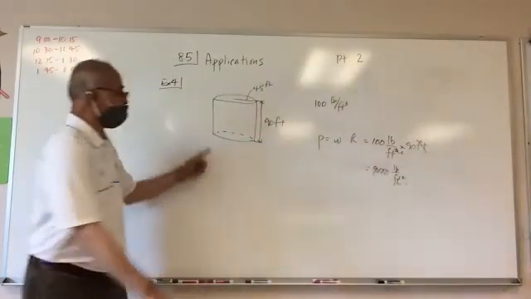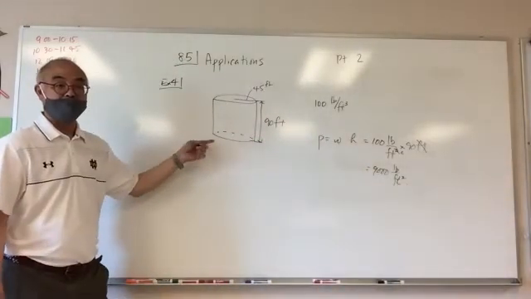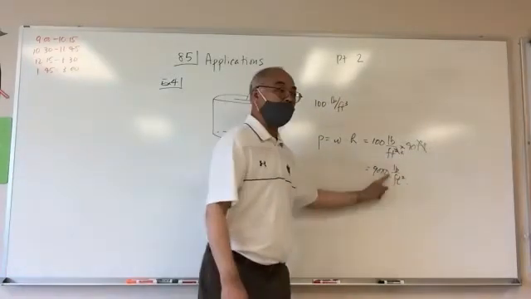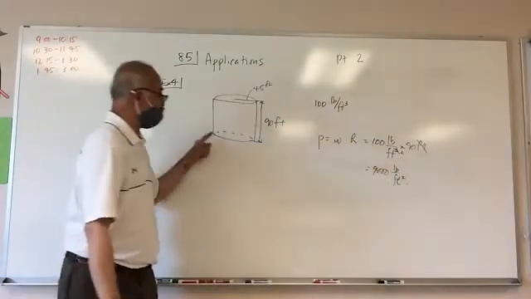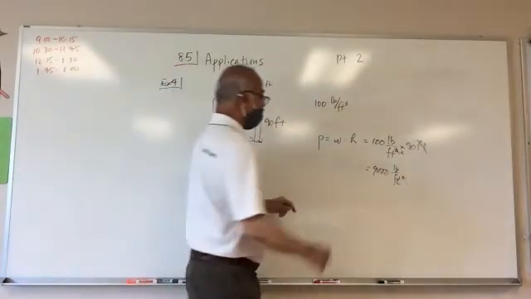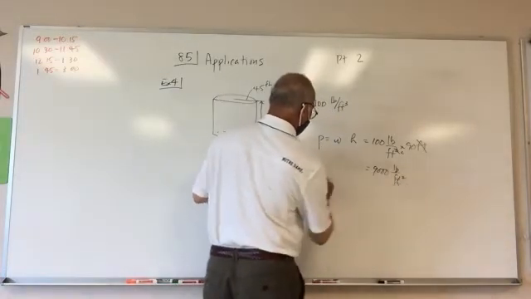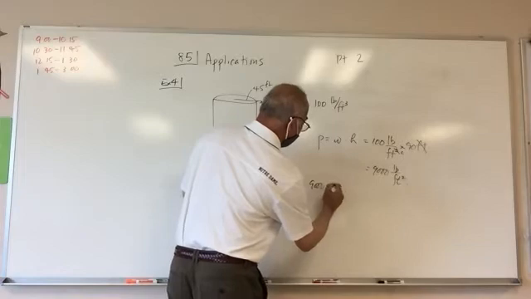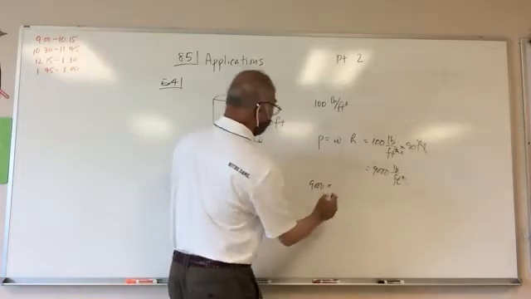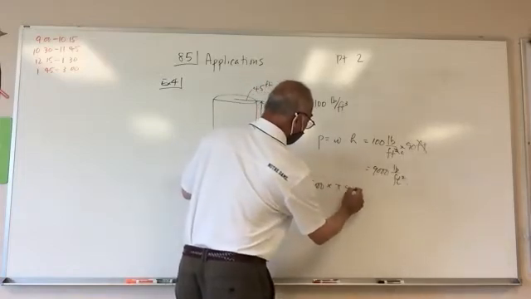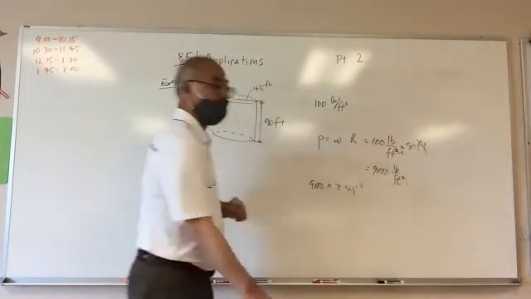I just need to find the area of the bottom here, right? Because it's feet squared, I need to find out how many square feet there are. So what was the area there? Pi r squared, right? Pi r squared.